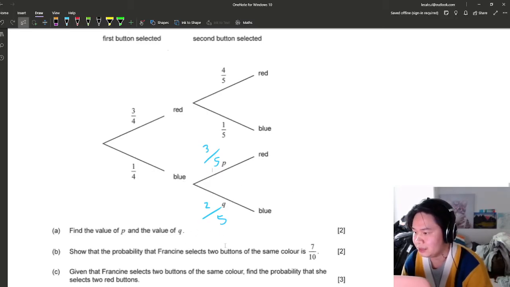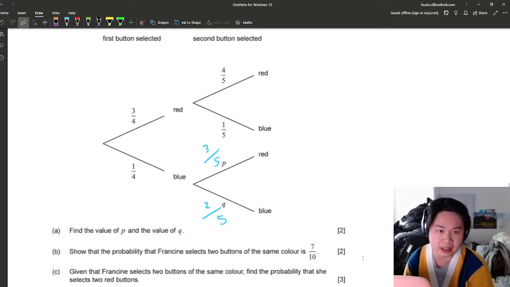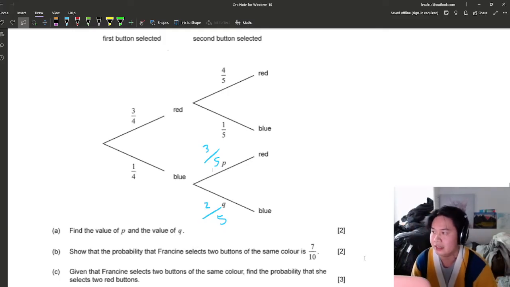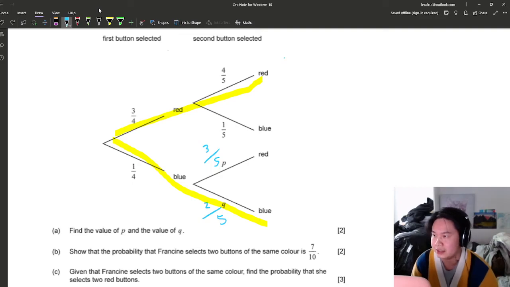Then we need to show that the probability that Francine selects 2 buttons of the same color is 7/10. There are 2 ways she can select the same color: she either gets a double red or a double blue. The probability of getting 2 reds is 3/4 times 4/5, which is the same as 3/5. The 4s just divide. The probability of getting 2 blues is 1/4 times 2/5.